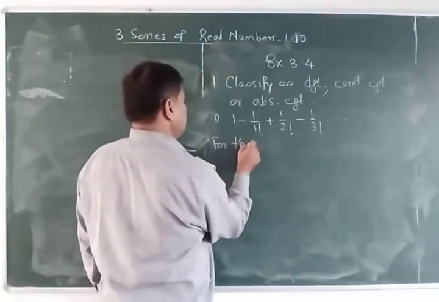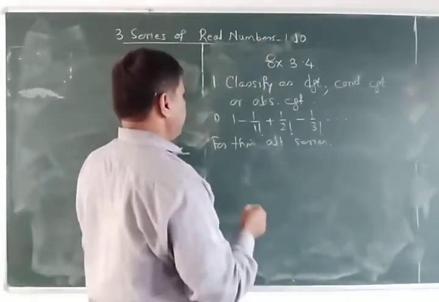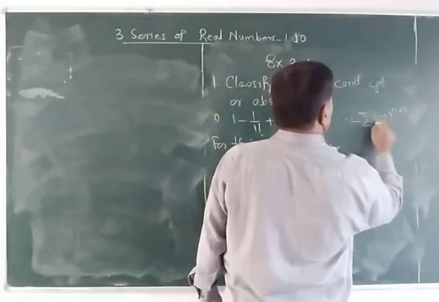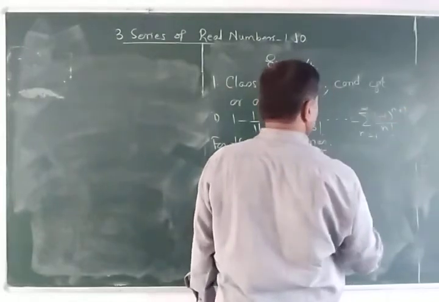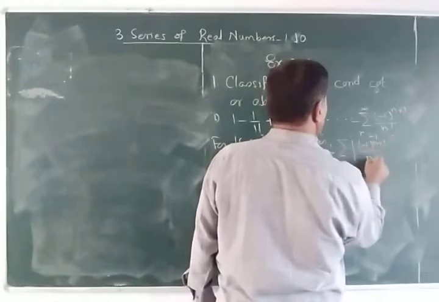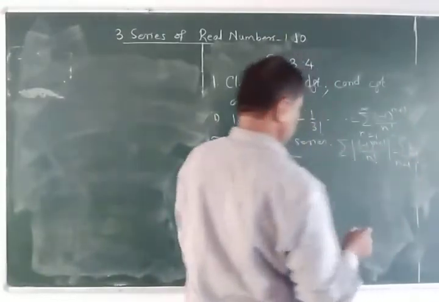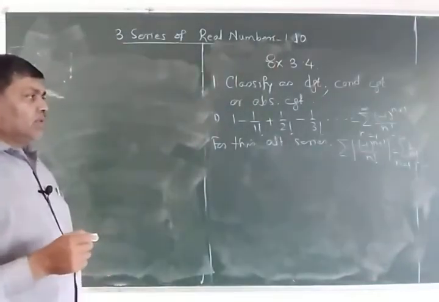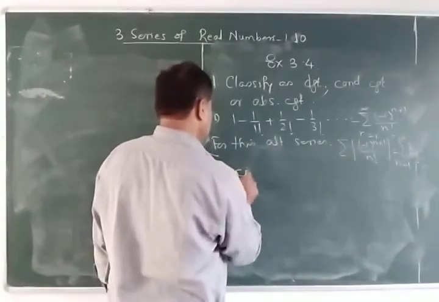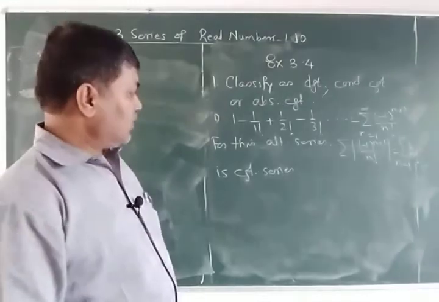So, for this alternating series, if I take this as summation of minus 1 raised to n plus 1 upon n factorial, n equal to 1 to infinity, then summation of mod of minus 1 raised to n plus 1 upon n factorial is equal to summation of 1 upon n factorial, n equal to 1 to infinity, which is a convergent series.